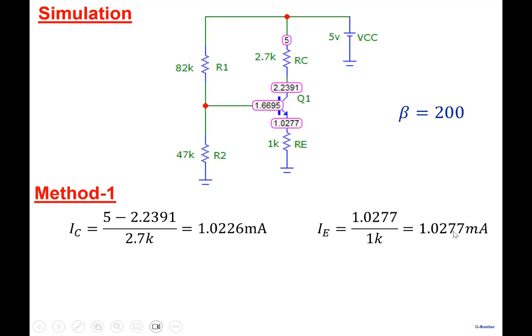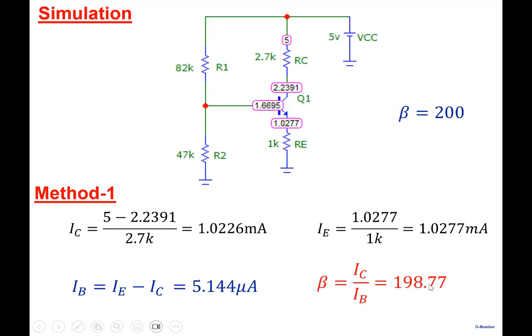Then to measure beta, you calculate base current, IE minus IC, so you get 5.144, and then you take the ratio of IC and IB, and you get 198.77. So in theory, the method works fine. If I had taken more decimal places, I would have gotten an almost perfect answer. Beta is 200, and the method seems to work fine.